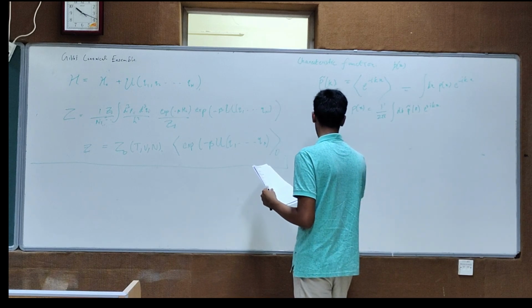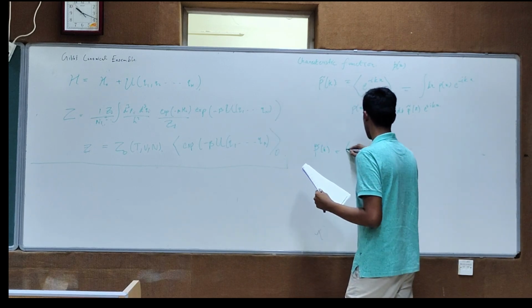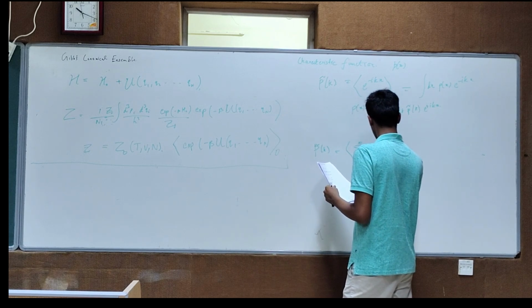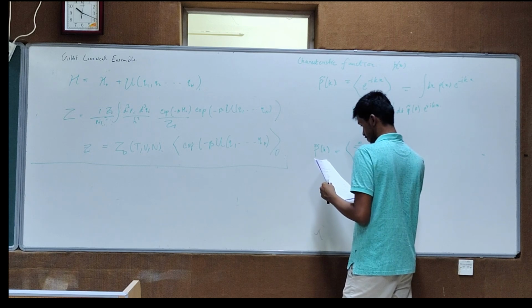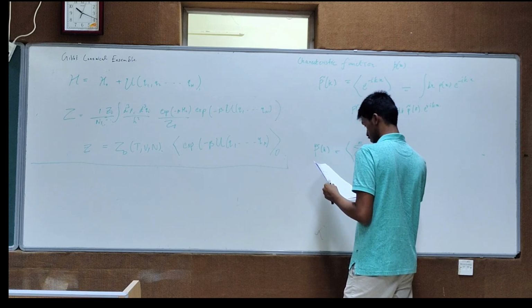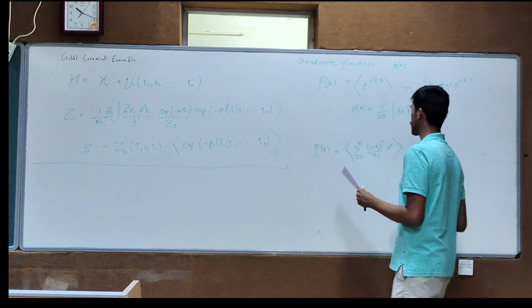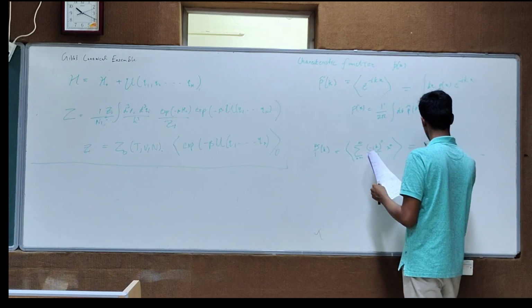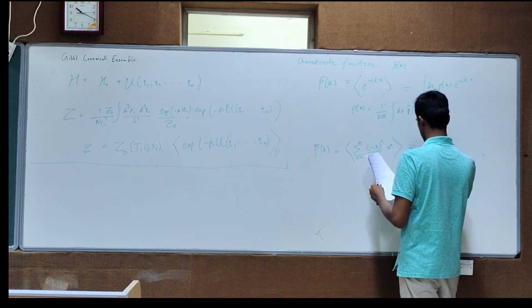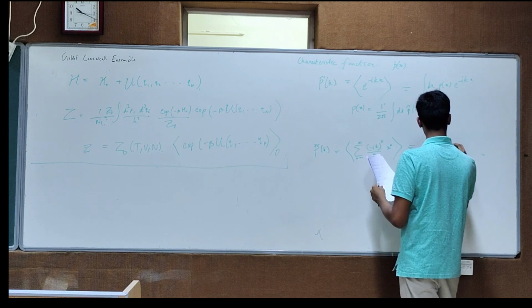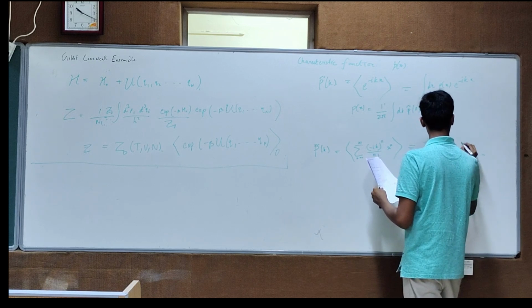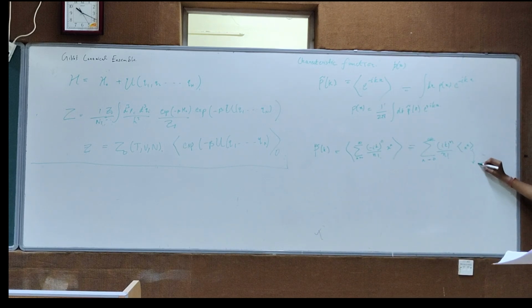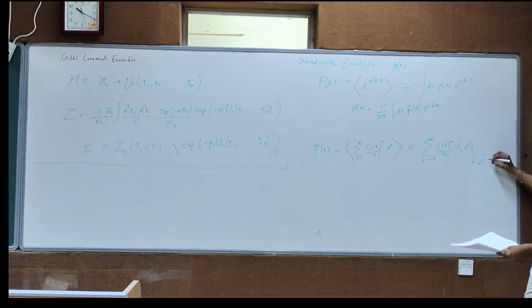So P(k) comes out to be a sum over, and this is just basically, so these things are called the moments of the probability distribution.